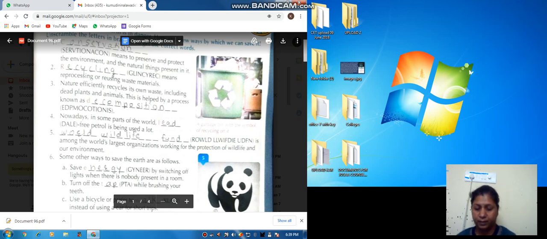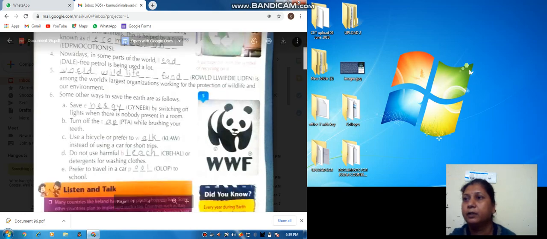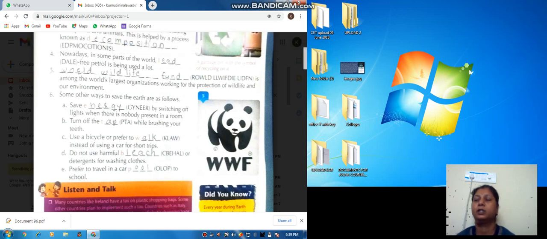Next, use a bicycle or prefer to walk instead of using a car for short trips. If you are going half a kilometer or to a nearby shop, don't use a car or bike; you can walk or prefer a bicycle. It gives you exercise also and saves petrol. Next, do not use harmful dyes or detergent for washing clothes.